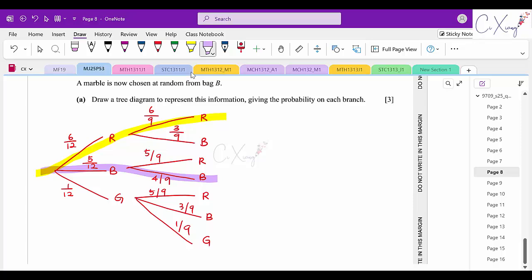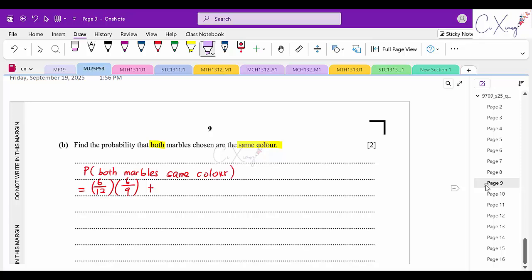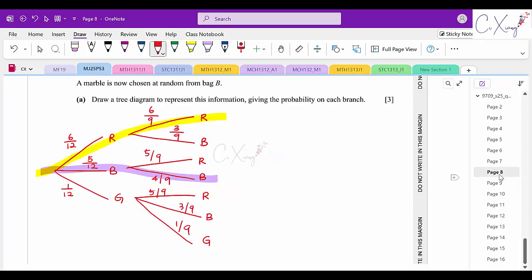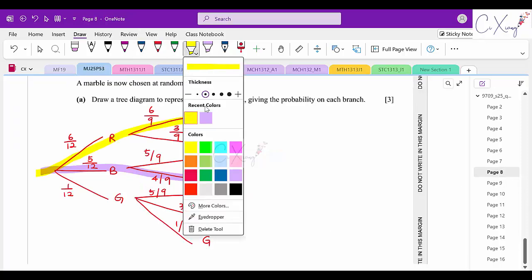To get the probability, you multiply the probability along the branch. So 5 over 12 multiply with 4 over 9. Is that the third case? Then you try to have a look here. It is possible for you to get a third case, right?